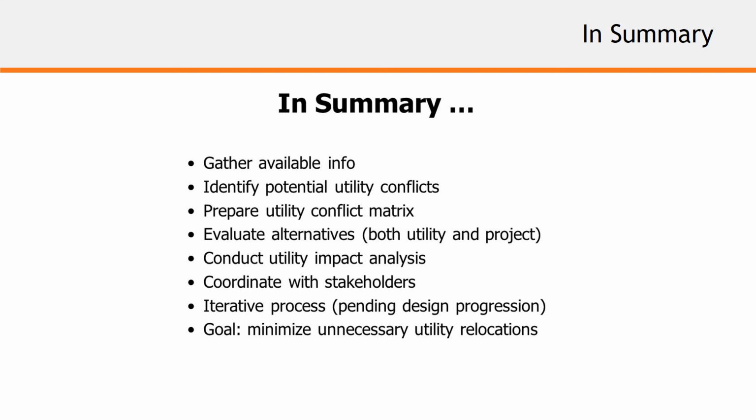The utility conflict matrix will allow both utility and project level designers to evaluate alternatives. Also, the matrix will allow for utility impact analysis on schedule and construction phasing. The matrix can also be leveraged for coordinating with stakeholders about their pending relocations.